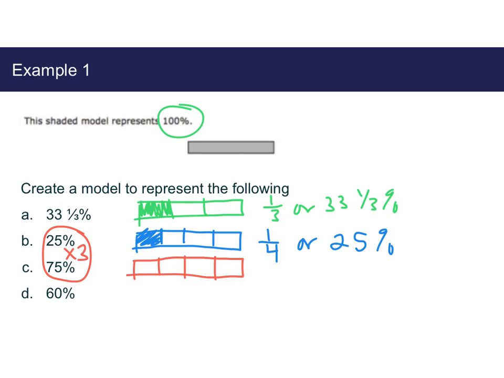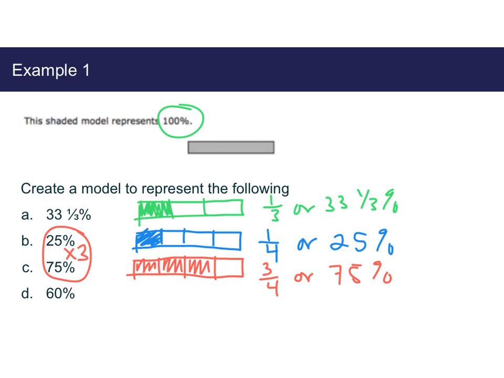But this time, instead of just shading in 1 part, I need to shade in 3 parts. So here's 25%, 50%, and 75%. So that would be my representation of 3/4, or 75%.